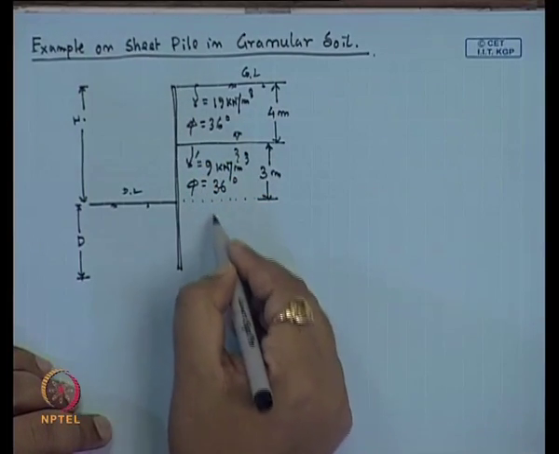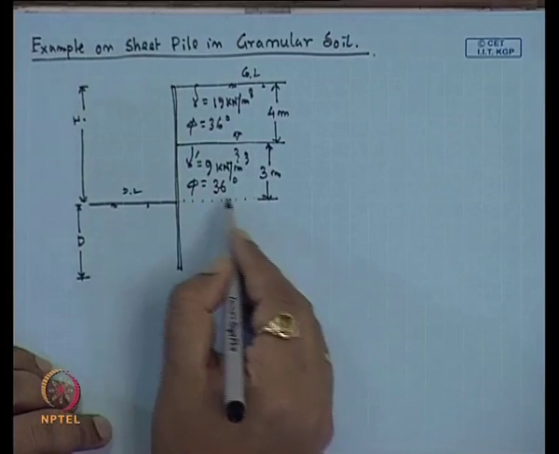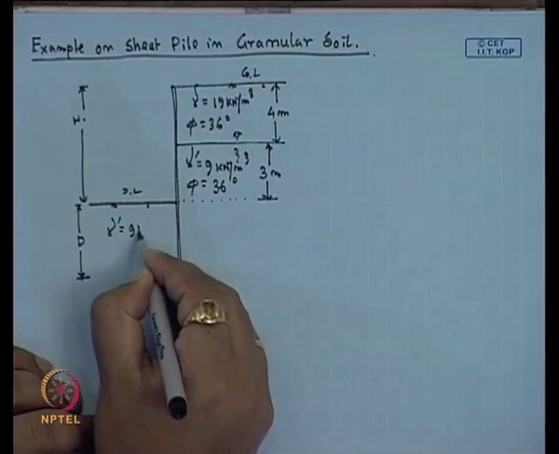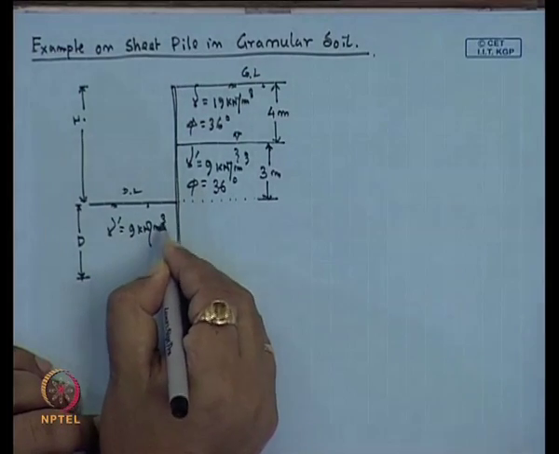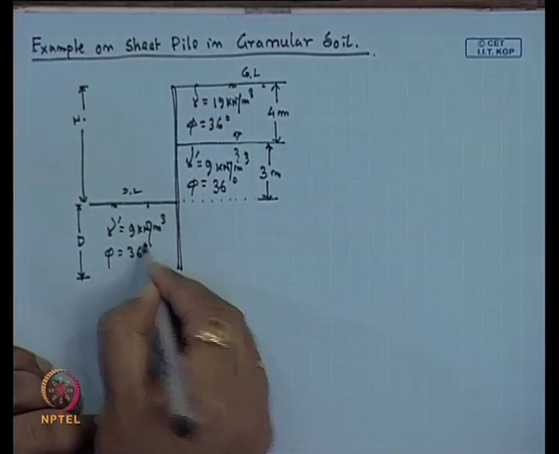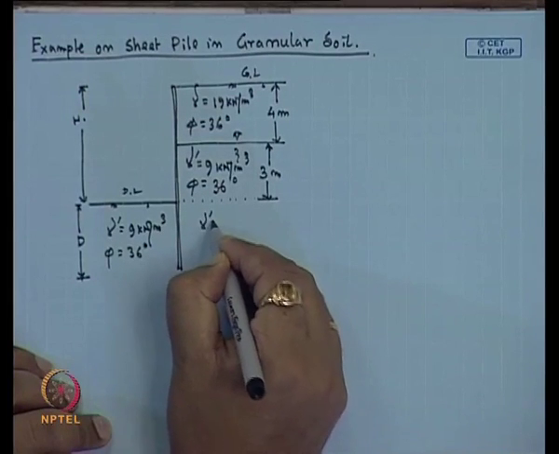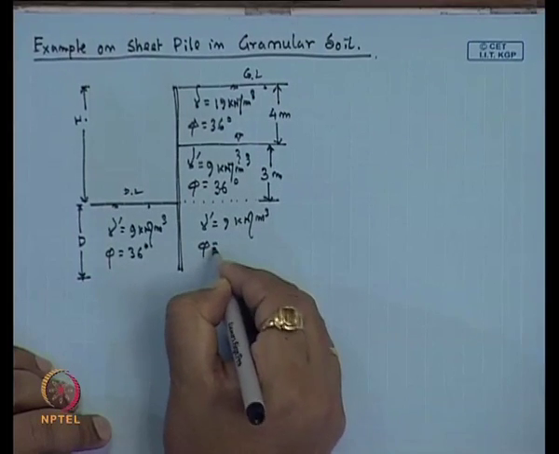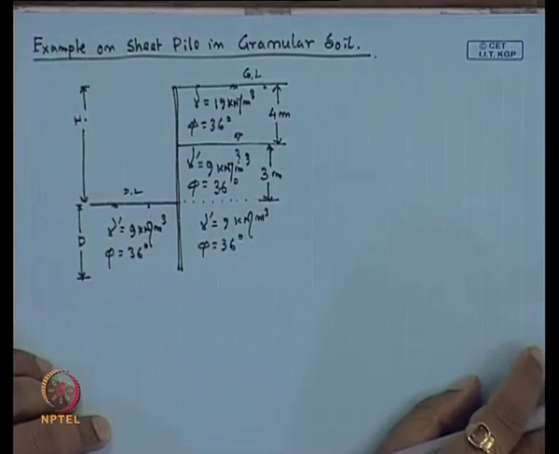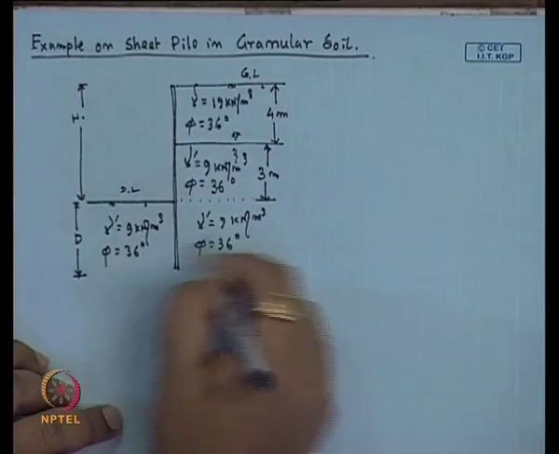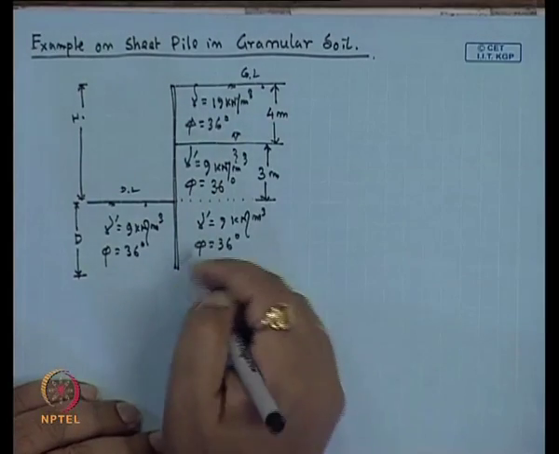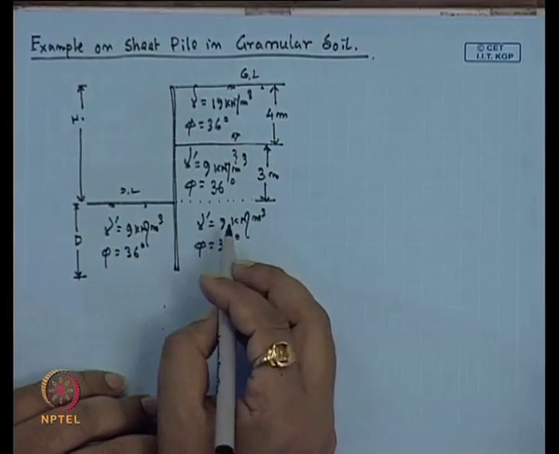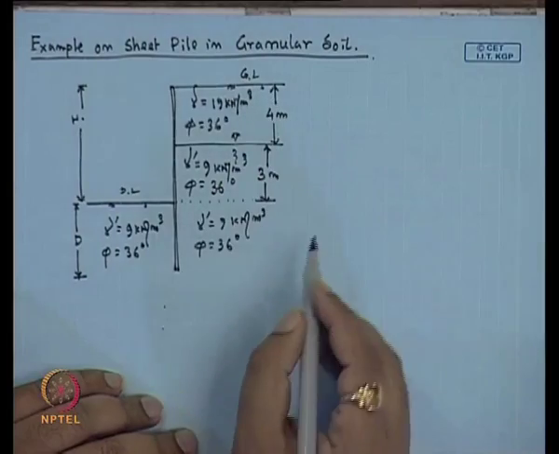Here also the same soil properties are considered for this layer, that means gamma dash is equal to 9 kilonewton per meter cube, and phi is equal to 36 degree. All are the same properties, but they can be different. Depending upon the type of properties, we have to take that into consideration in the design calculation.